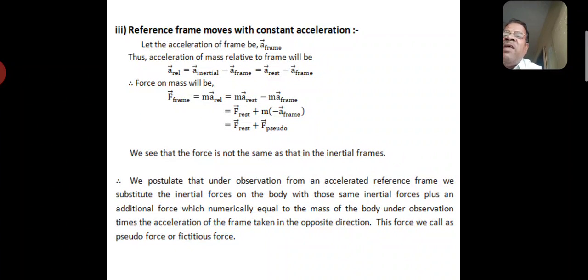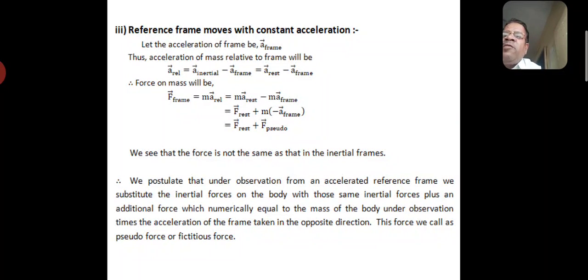Therefore, a relative equals a inertial minus a frame. Now you know a inertial equals a rest. Therefore, a rest minus a frame, that is, the acceleration when the frame is at rest minus the acceleration of the frame. Therefore, the force on the mass will be m into a relative, that is, relative acceleration.